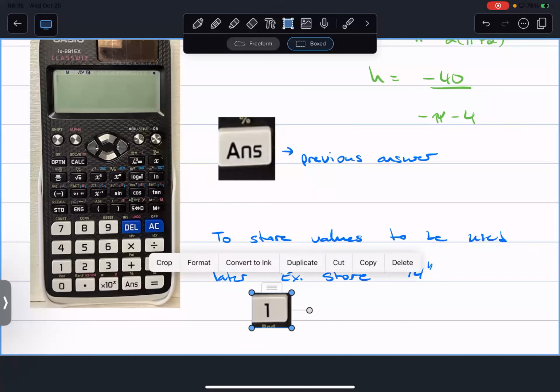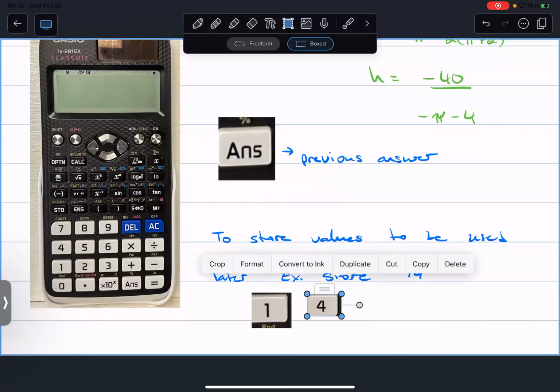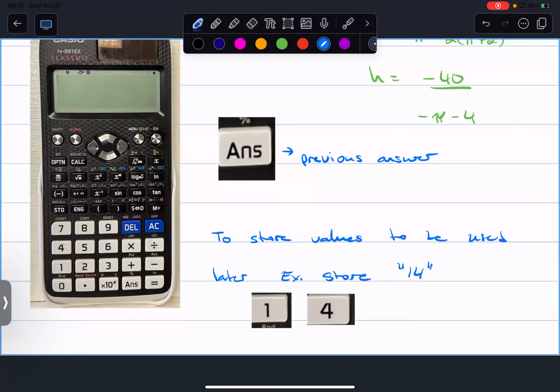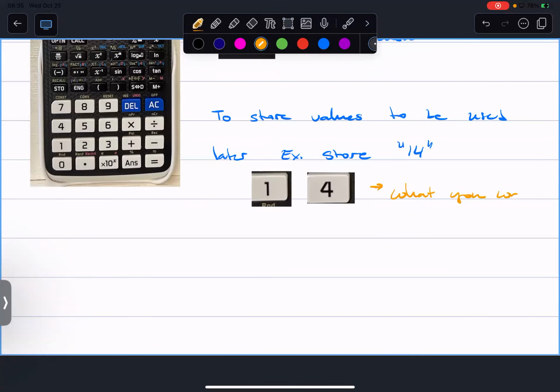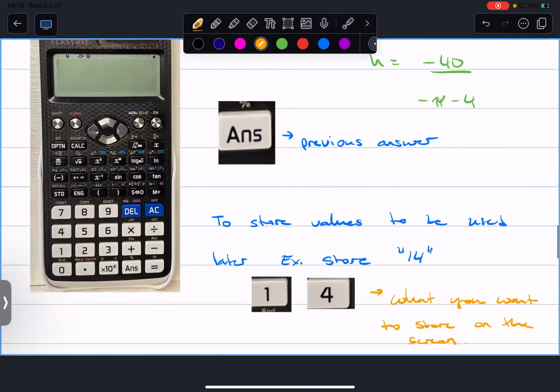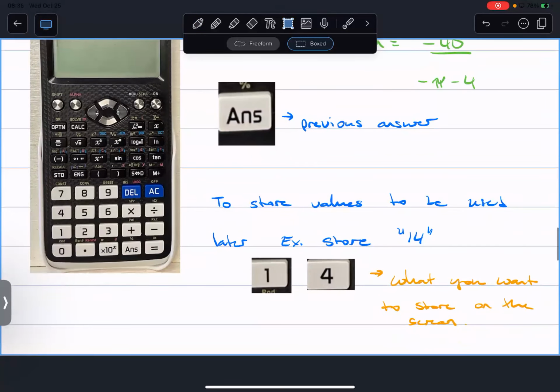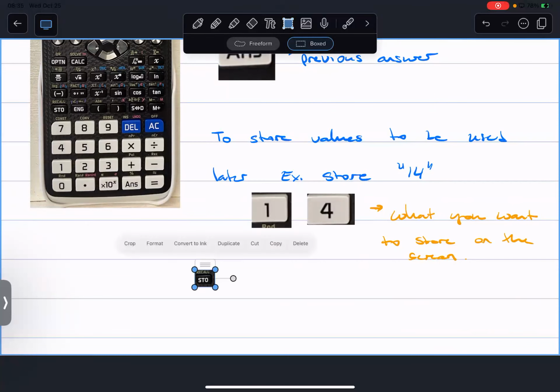So whatever you want to store on the screen. If you found a value, then it's already on the screen. So that's good. And then you're going to hit store, which is above the 7.